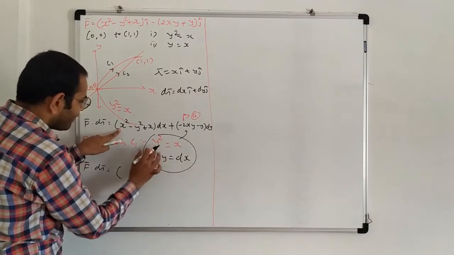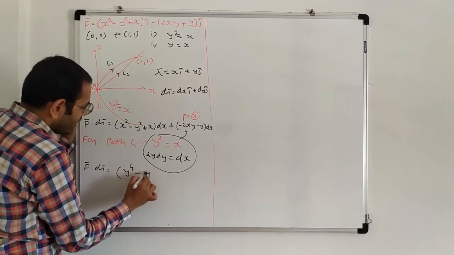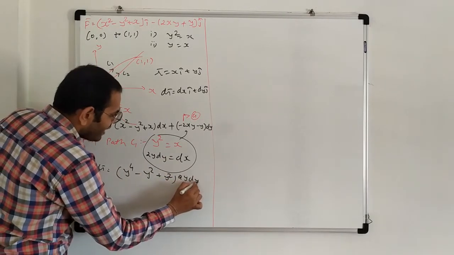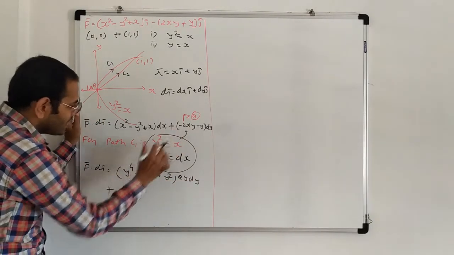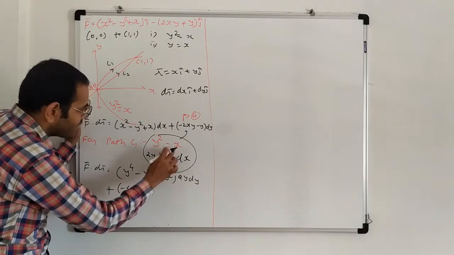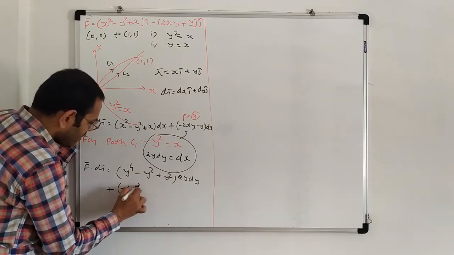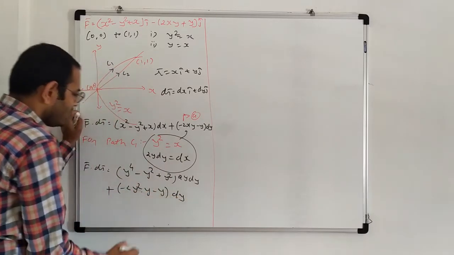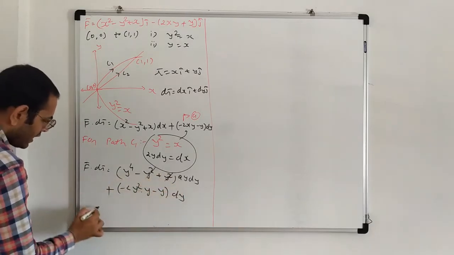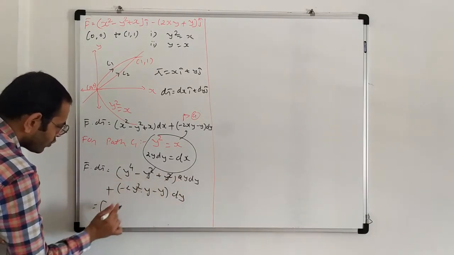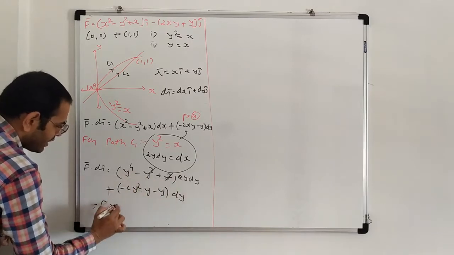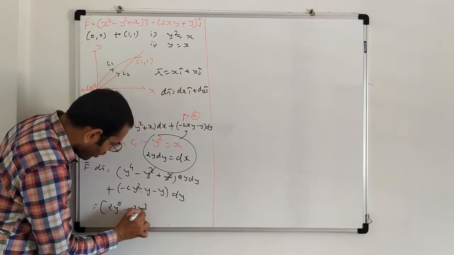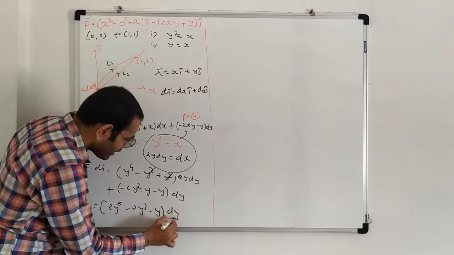Then x square gives y raised to 4, so (y raised to 4 minus y square plus y square) dx equal to 2y dy, minus (2x plus y) dy with x replaced as y square. Then y square cancels, dy is common, and 2y goes inside the brackets, so we get (2y raised to 4 minus 2y cube minus y) dy.